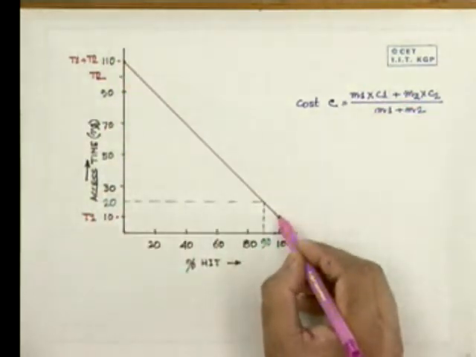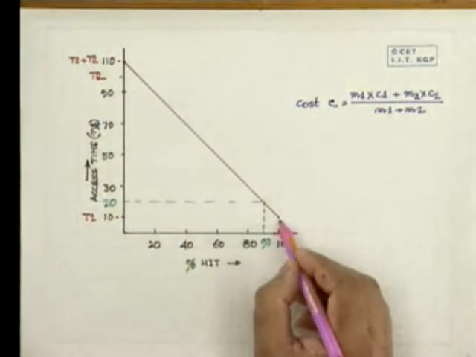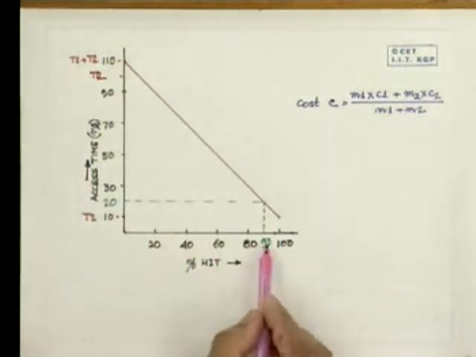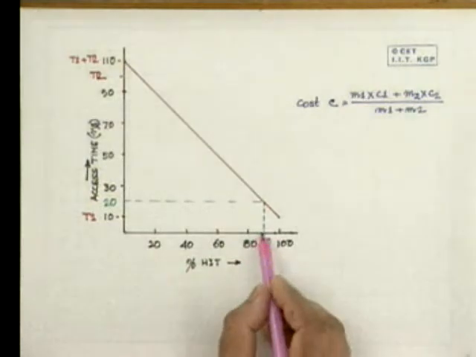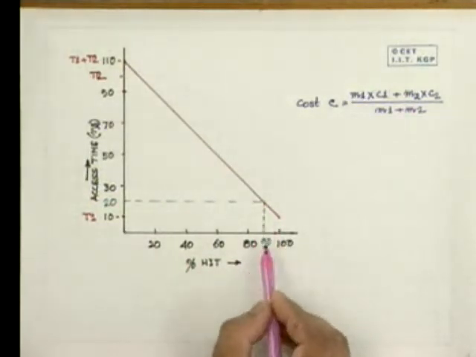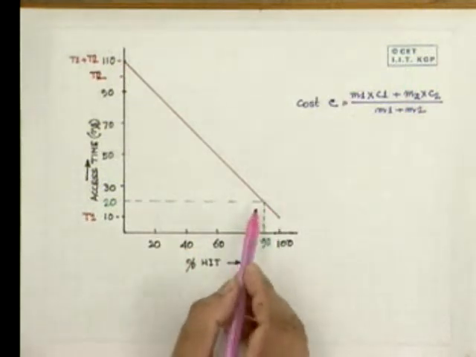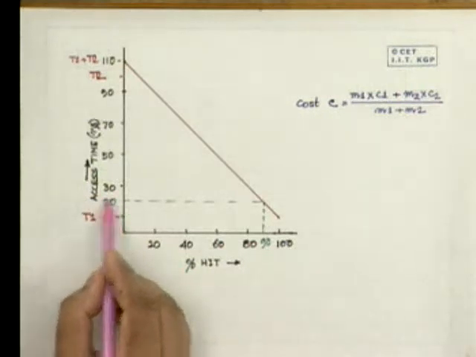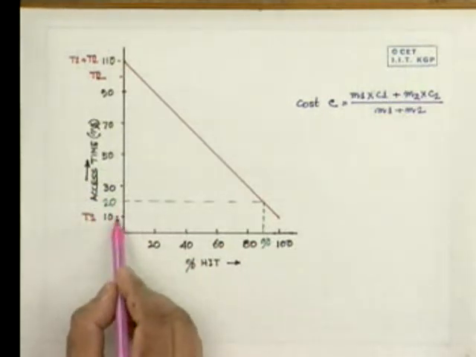Therefore, this line, the red line, depicts the behavior of the access time in terms of the percentage hit. Now, if the percentage is 90%, which is typically a figure, then you see that the access time that we get is 20, which is very close to the access time of the cache memory.